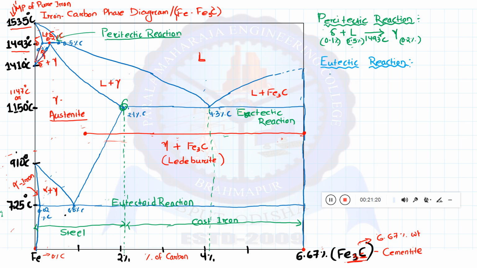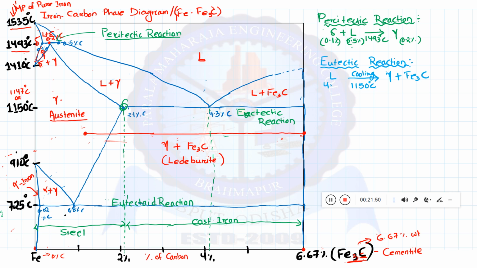Here liquid phase upon cooling gives rise to a mixture of two solid phases, that is liquid upon cooling at 1150 degrees Celsius or 1147 degrees Celsius gives gamma plus Fe3C, a mixture of two different solid phases.